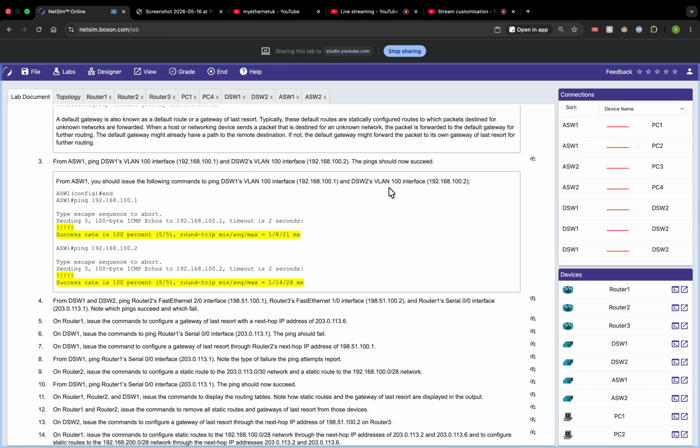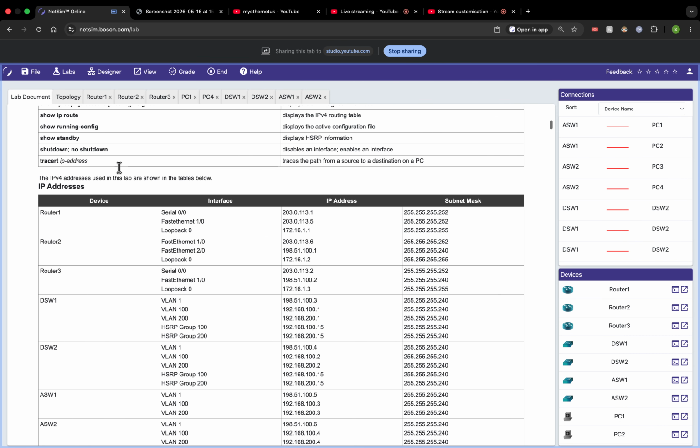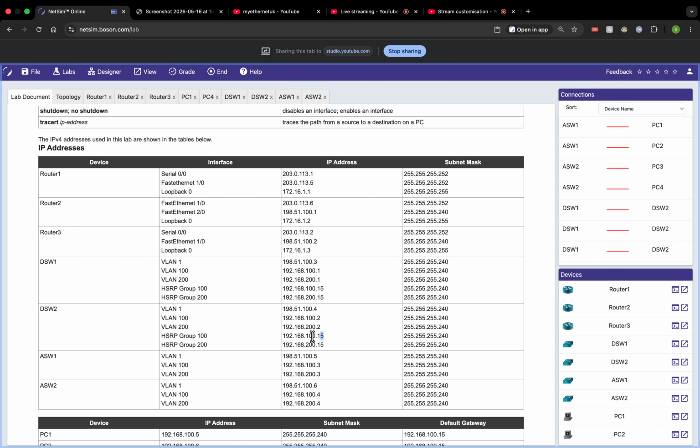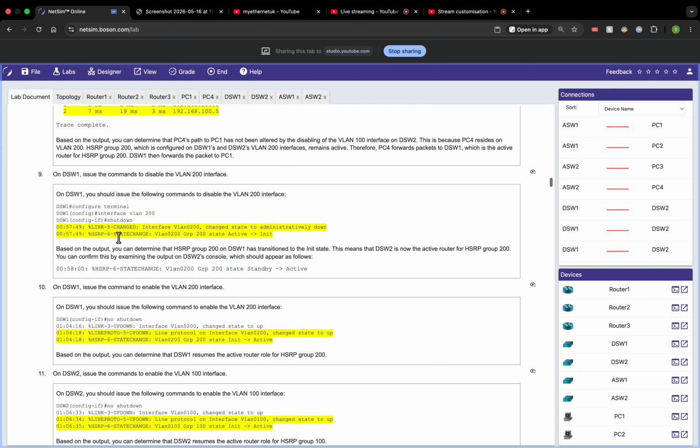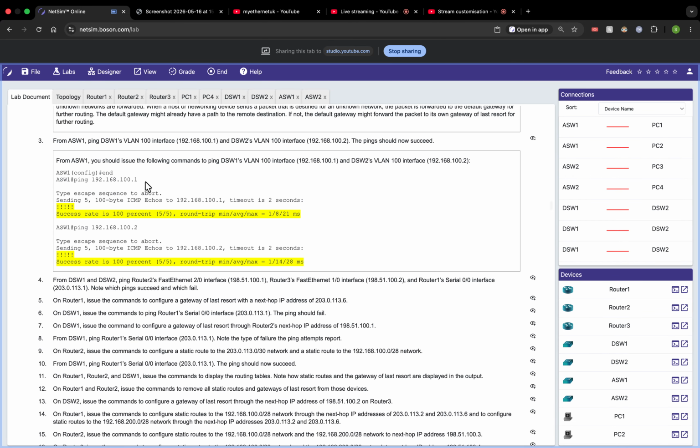We configured these HSRP groups: 100.15 for ASW1, and for HSRP group 200 we configured 200.15 on ASW2. But now from ASW1 let's ping 100.1 and 100.2. Was it 100.1 and 100.2?